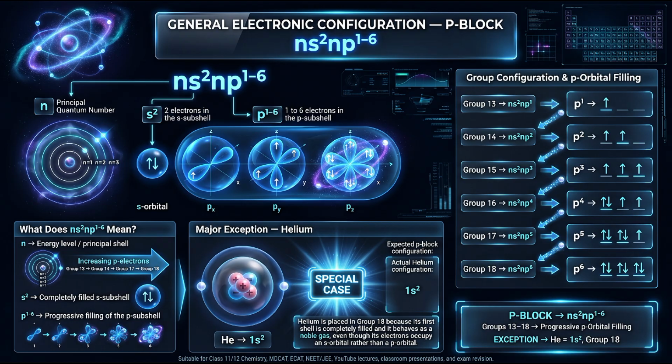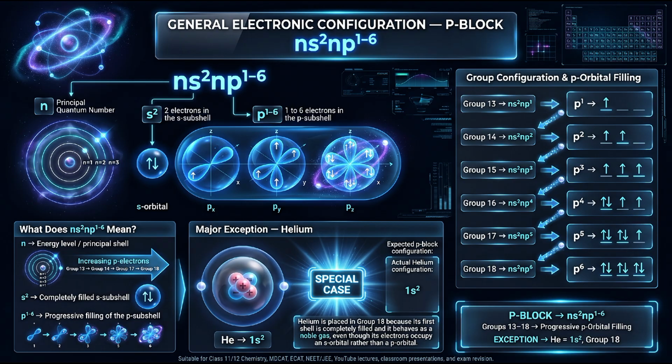Since a p-subshell consists of 3 orbitals, and each orbital can hold 2 electrons, the maximum capacity of a p-subshell is 6 electrons. The 3 p orbitals are called px, py, and pz. They have similar shapes but point in different directions in three-dimensional space.